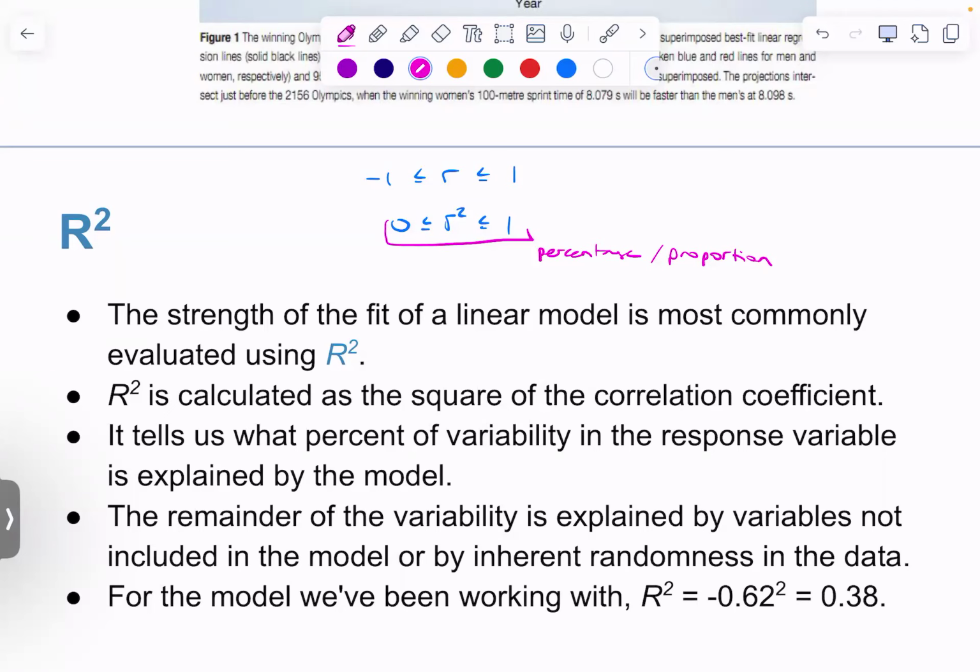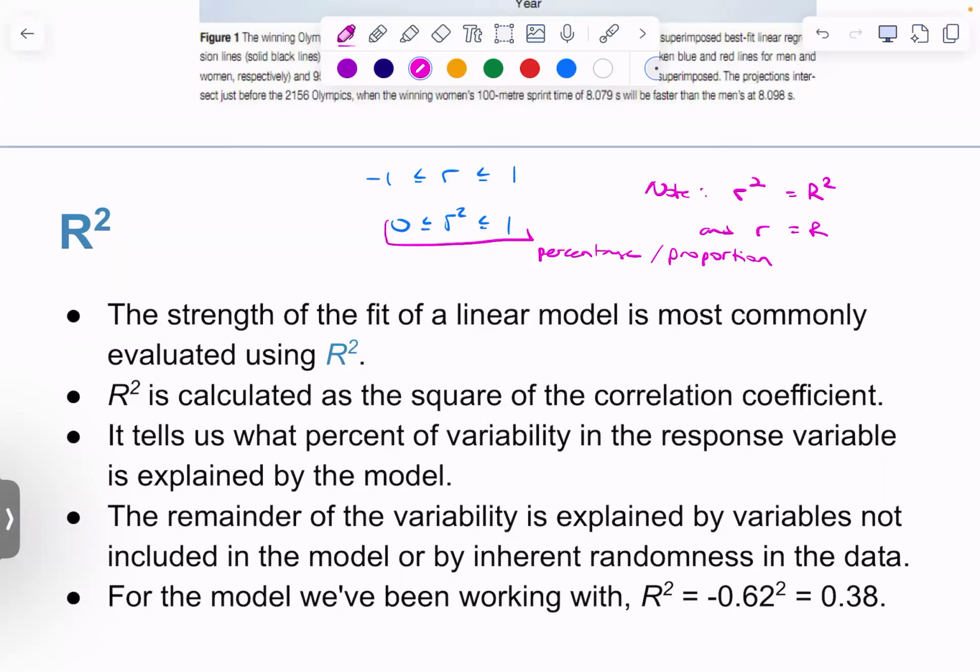And for some reason, when we square it, it tends to become a capital R squared. But I'll make a note here. Note that R squared is r squared, and r is capital R. So that means that we could reverse it.